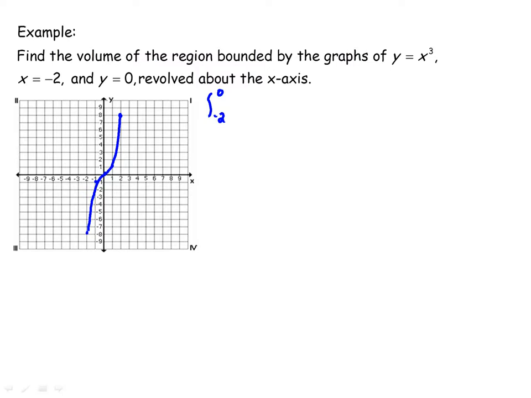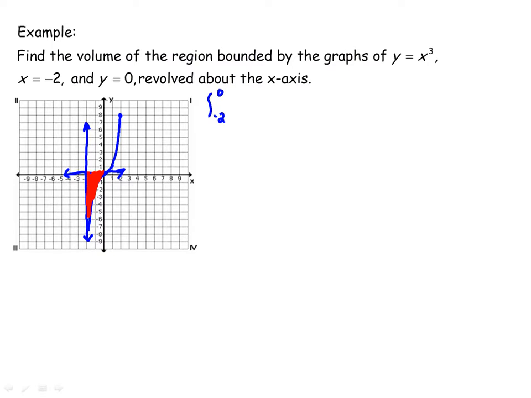And then you have x equals -2. And you have y equals 0. So the region that we're talking about is this, but we're going to take it and we're going to revolve it about the x-axis.